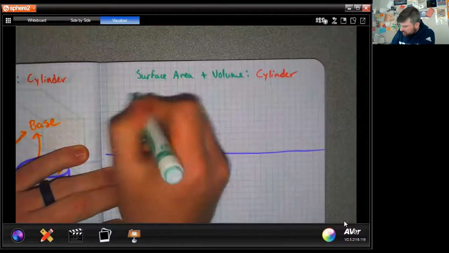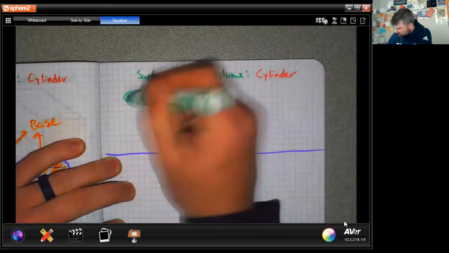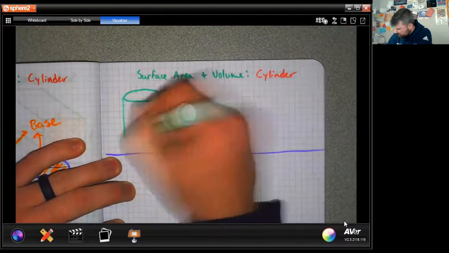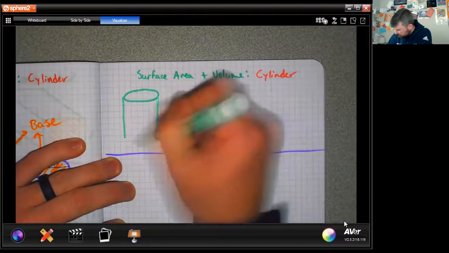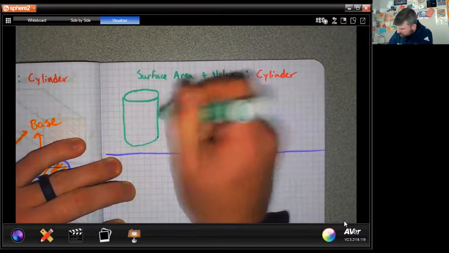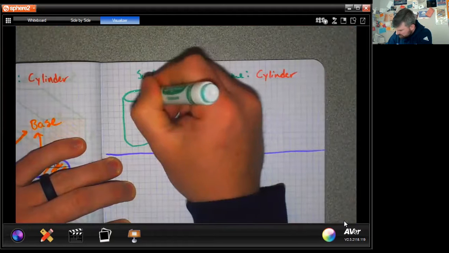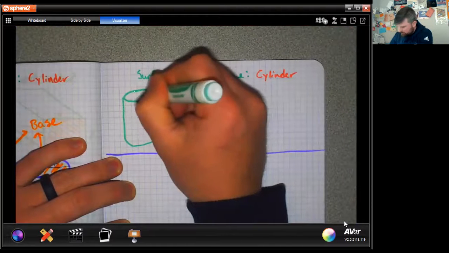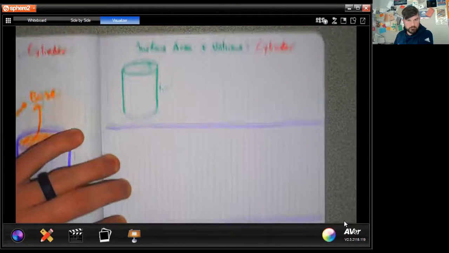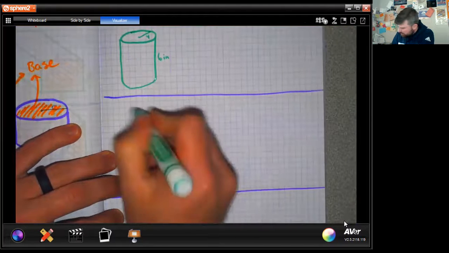Okay, so we've got this cylinder. There, it looks like they give us 6 inches there, and they give us this is 4. Okay, there's one that they give us.